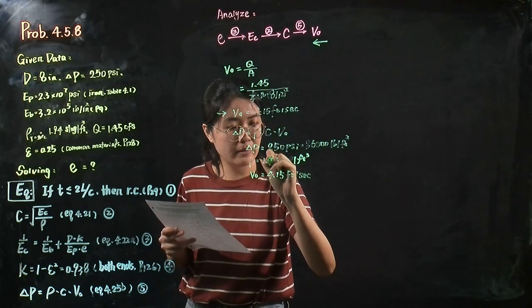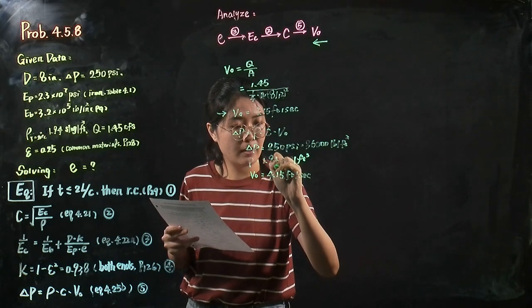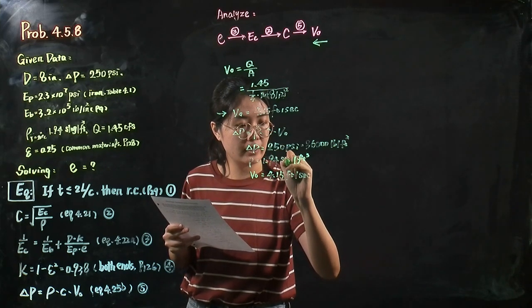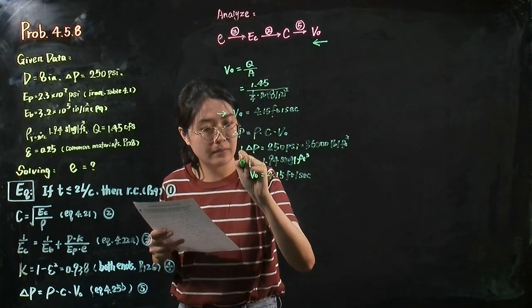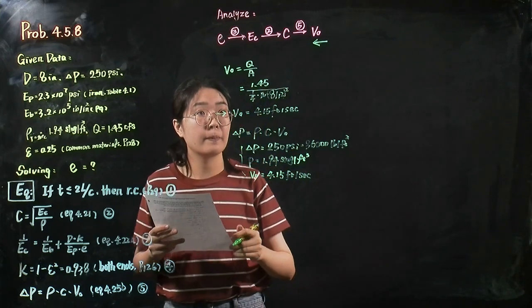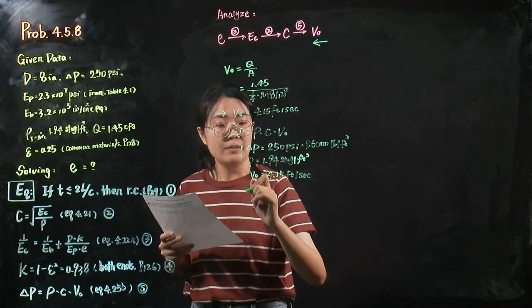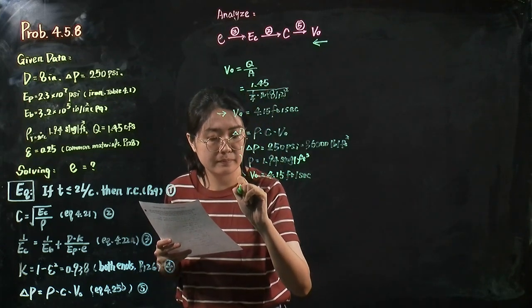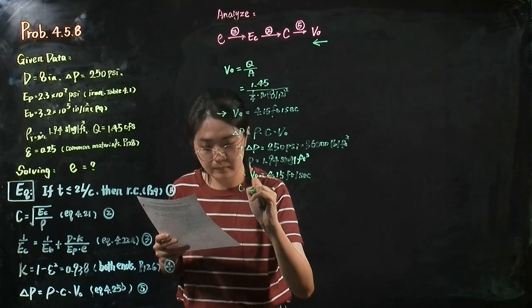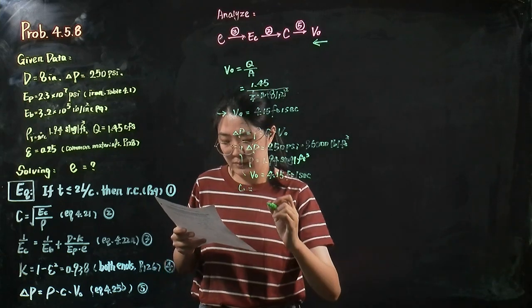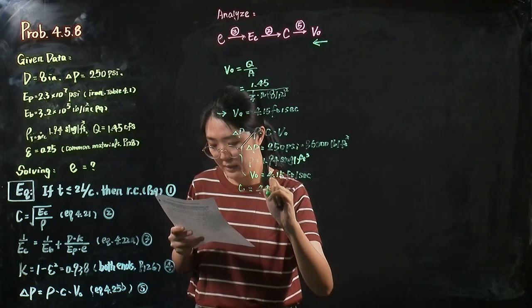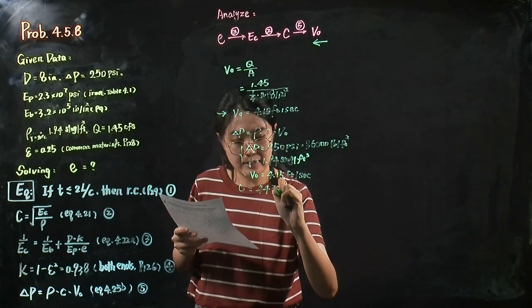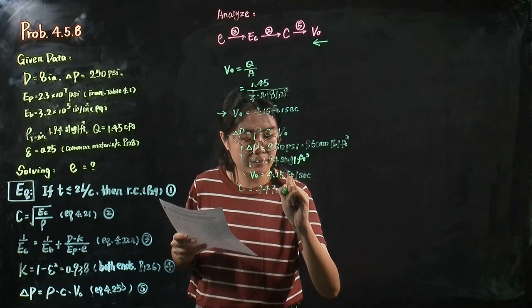Then if we bring these three values back into the equation, we can get the celerity. It equals 4,470 feet per second.